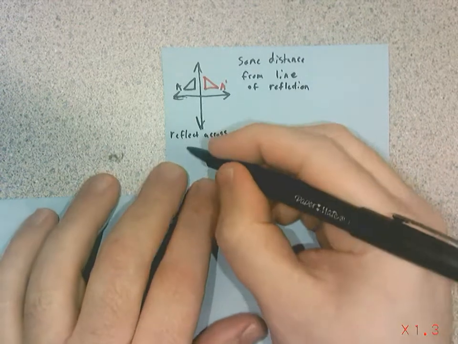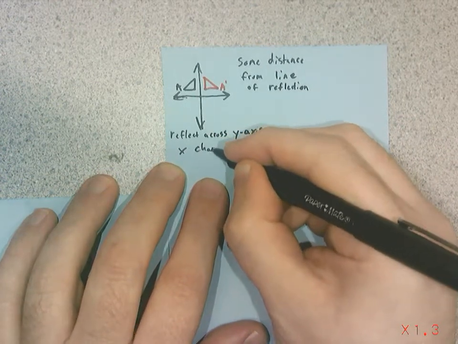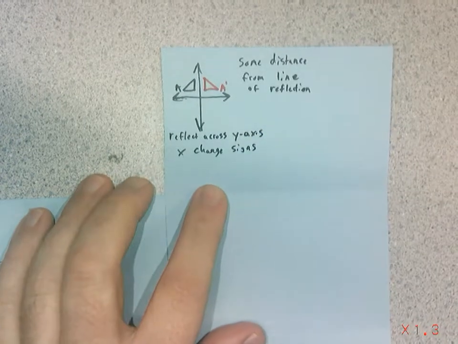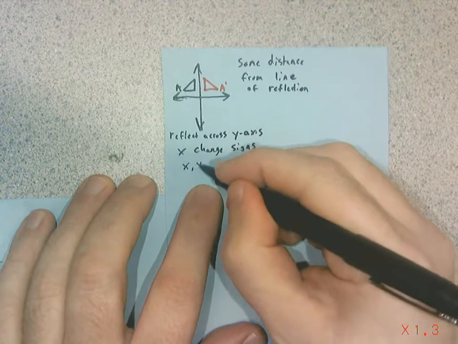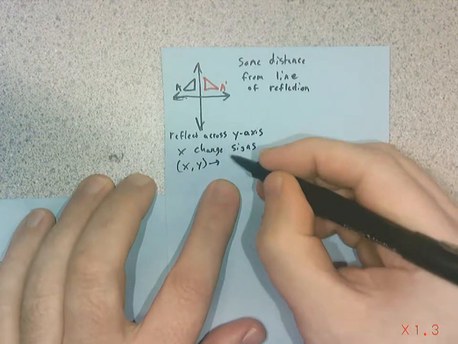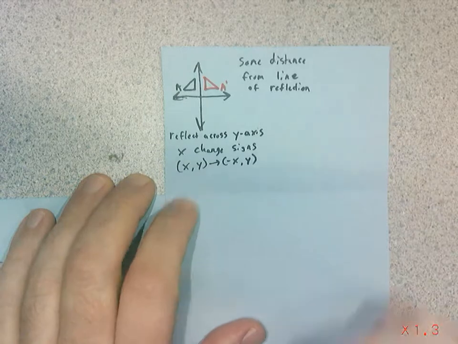Okay, and that basically is that the x is going to change signs. It'll be the same numbers, just the x is going to change signs. So for example, if you just have your generic x and y here, if you reflect that across the y-axis, it would become a negative x and y. Okay?